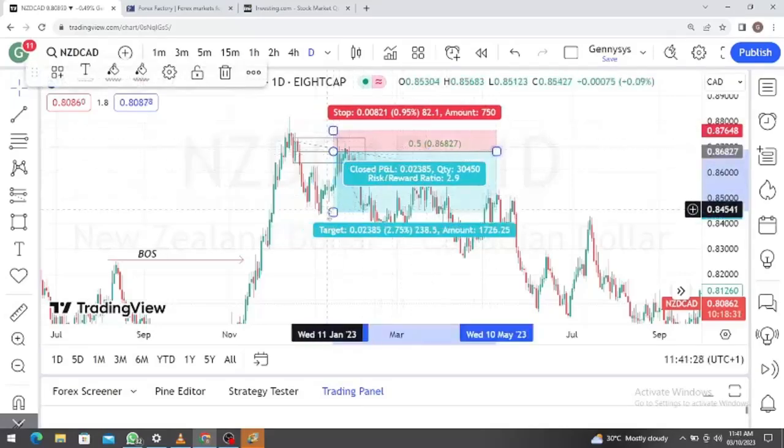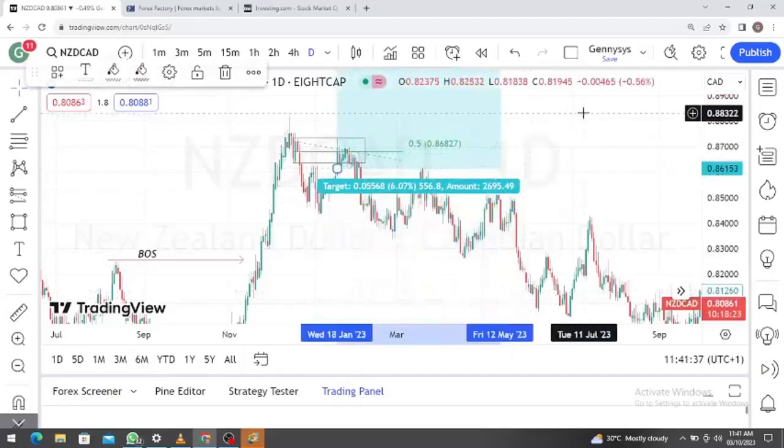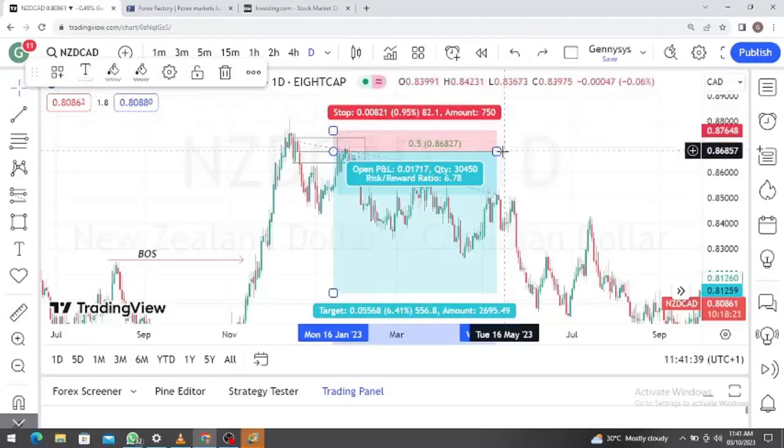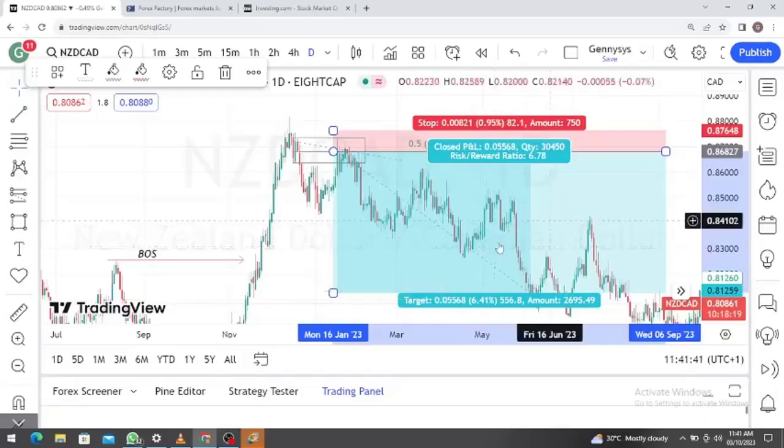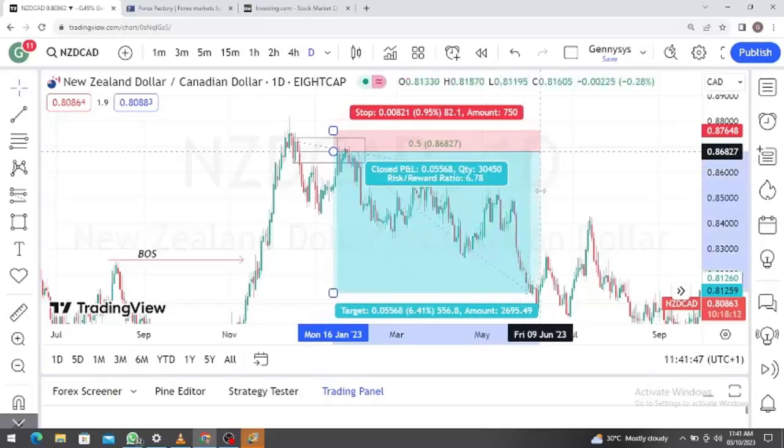And then the take profit will be at least this low, but of course you can see that it went much lower than that. Much lower, all the way down there. So that is one way we would have played this, all the way from the daily time frame.